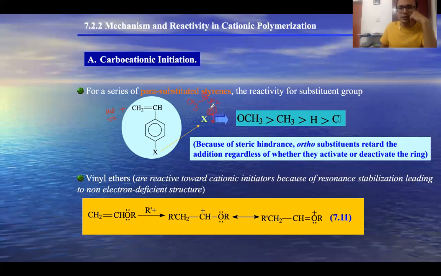Now anything that will stabilize this carbocation would be feasible. If you have an electron donating substituent here, the resonance stabilization of this carbocation would be really favorable.